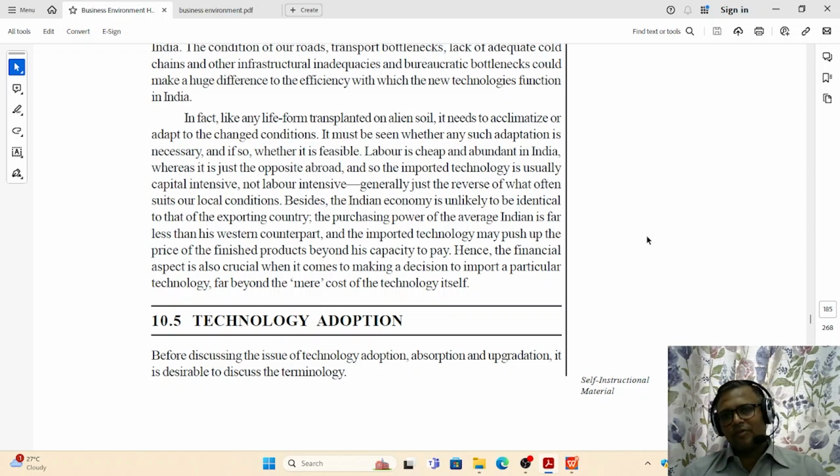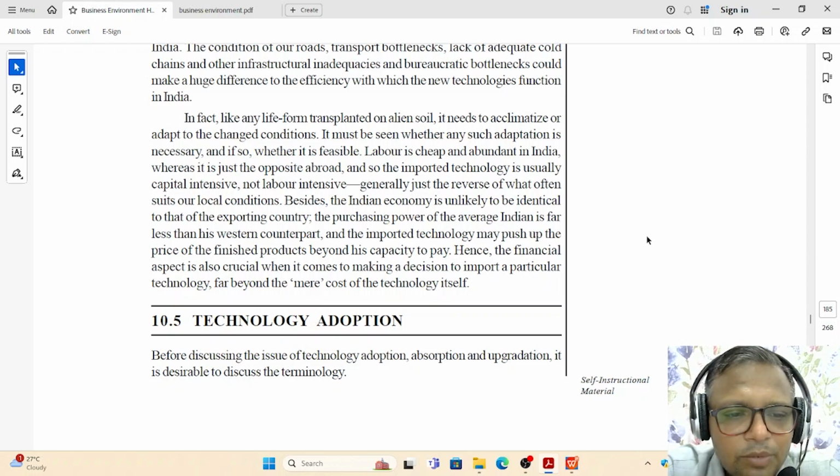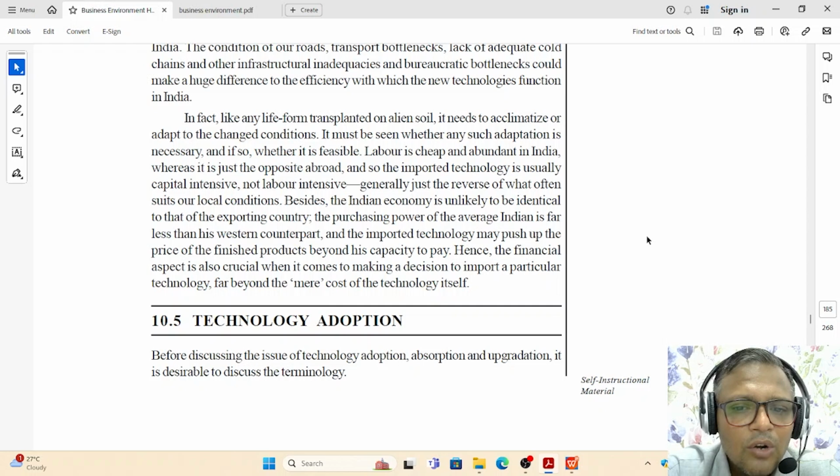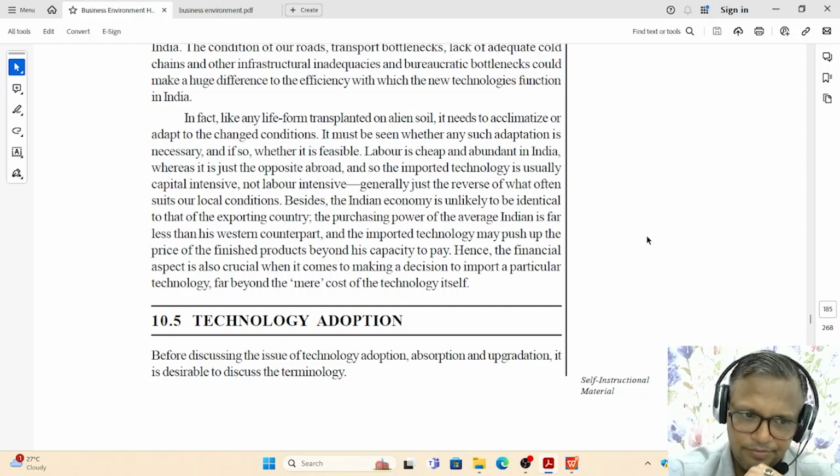The purchasing power of the average Indian is far less than his Western counterpart, and the imported technology may push up the price of the finished products beyond his capacity to pay. Hence, the financial aspect is crucial when it comes to managing the discussions to import a particular technology, and goes far beyond the mere cost of technology itself.